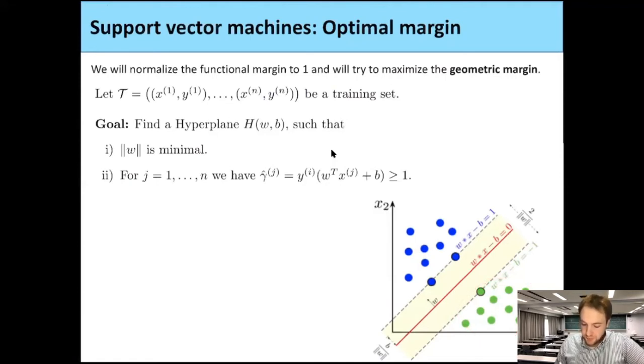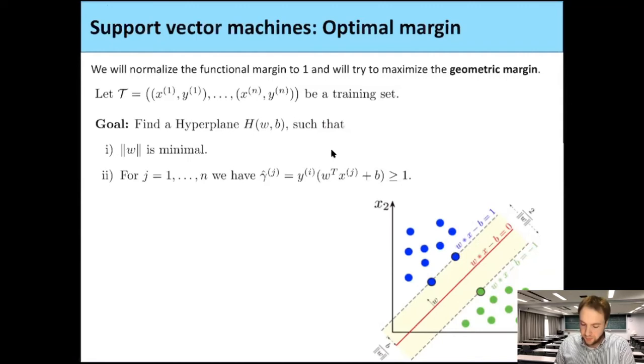And what we wanted to fix is that the points which are closest to our goal hyperplane satisfy the equation that this dot product of W with this X minus B equals 1, and similar for the other side. And this here we called the functional margin.